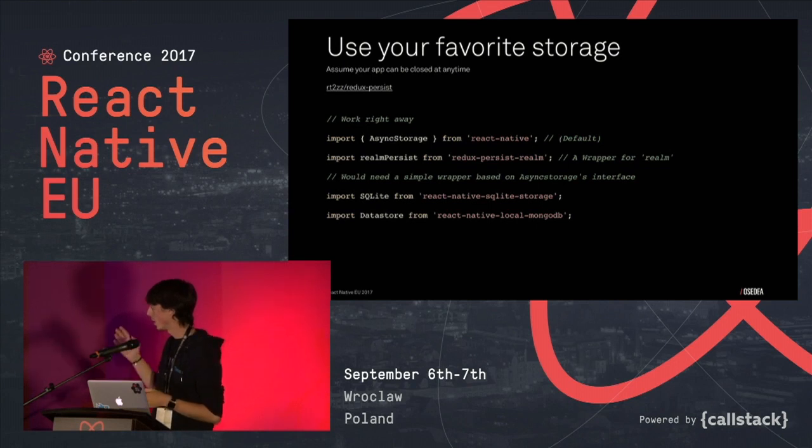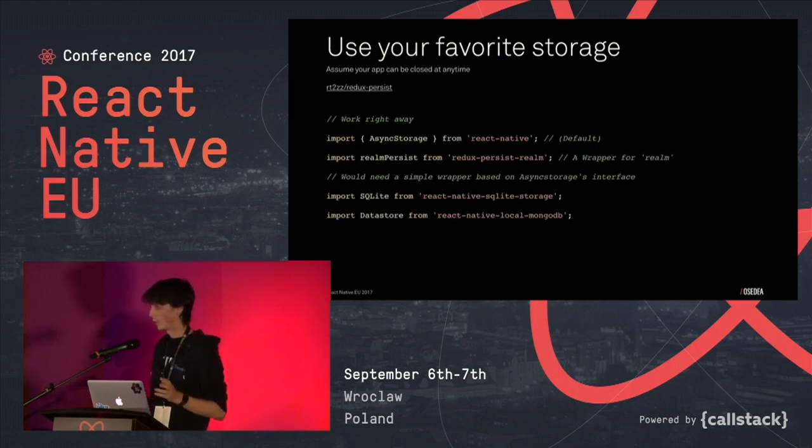And I just had to create a super simple wrapper around Realm that uses the same interface as async storage. You can do the same. If you're from the native development world, I think your favorite storage might be SQLite, so you just do your wrapper around React Native SQLite storage.